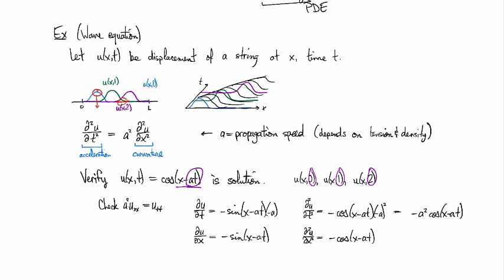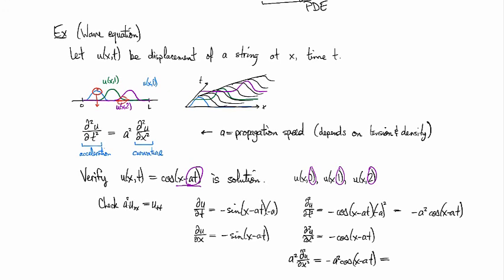If I take a squared times this second spatial derivative, I get minus a squared cosine of x minus at, and that is indeed equal to what I found for the second derivative with respect to time. Since these match up at the end, we have verified that this is in fact a solution of the differential equation.